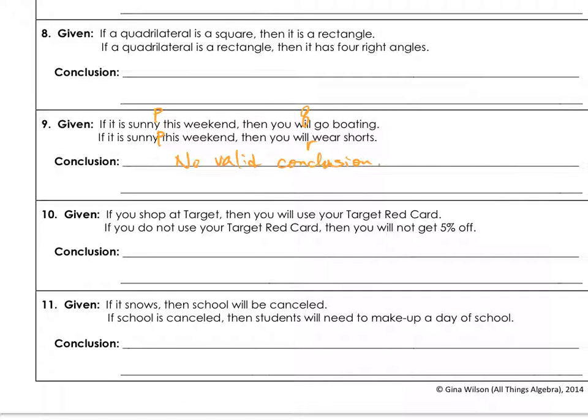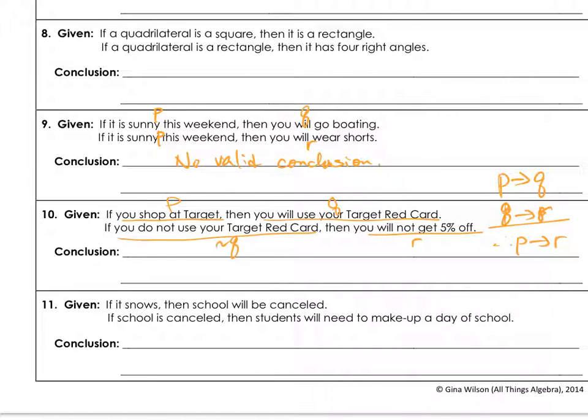Let's look at number 10. If you shop at Target, so that's my P, then you will use your Target red card. That's my Q. And if you do not use your Target red card, this is a not Q, then you will not get 5% off. So that's an R, or not R if you will. So again, it doesn't fit into my symbolic map where I have if P then Q, and if Q then R, then I can have if P then R, right?